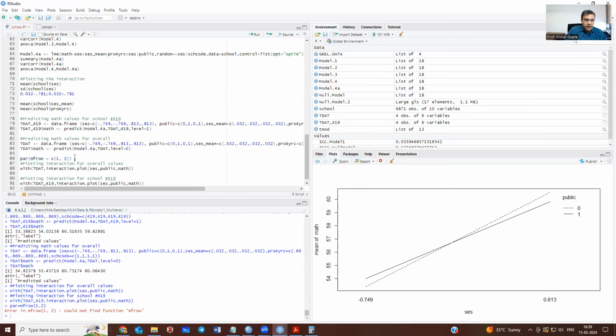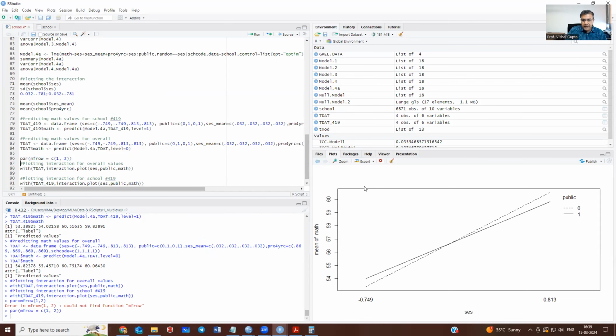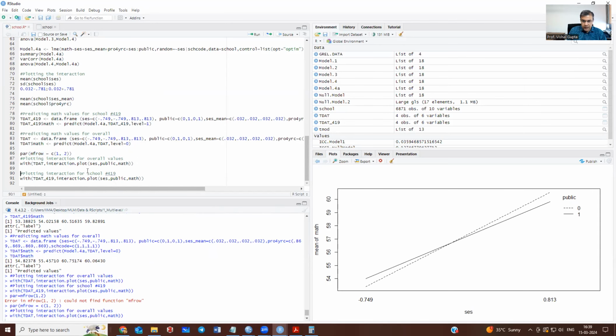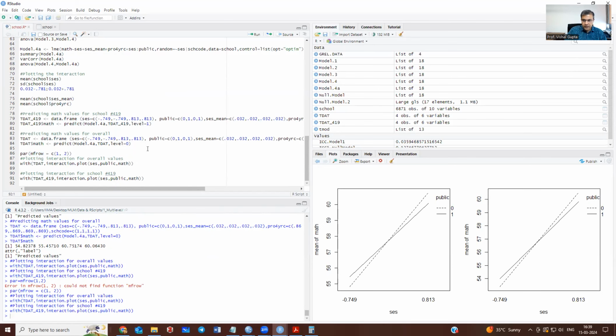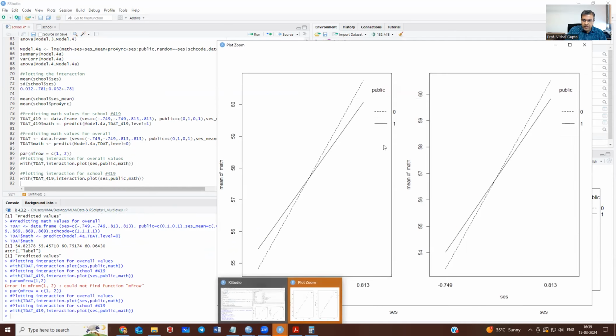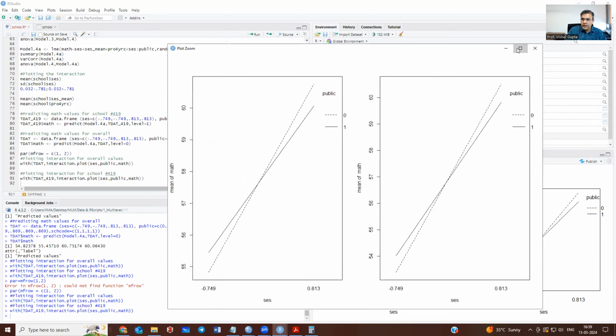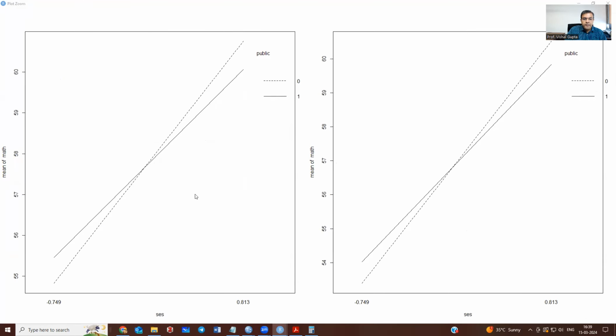Okay, now if I do this, what it does is it breaks this plotting chart into 1 row, 2 columns. Now if I plot, it will show you side by side. You see what we have got now? We have got this chart. So the left side was for overall, and this is for school number 419.